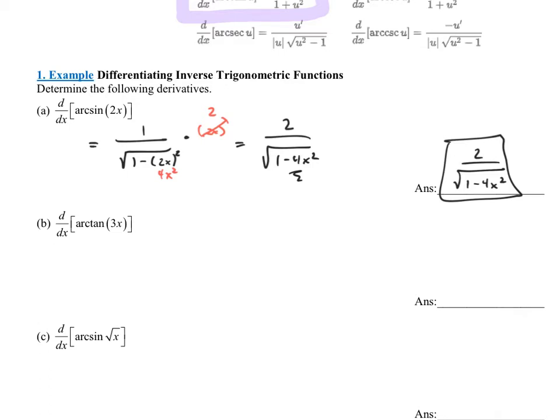So this is going to be 1 over 1 plus whatever you see on the inside squared, times the derivative of the inside. The derivative of 3x is just 3, and 3x squared would really be 9x squared. So it looks like I'm getting 3 over 1 plus 9x squared. Go ahead and write that in your answer blank.